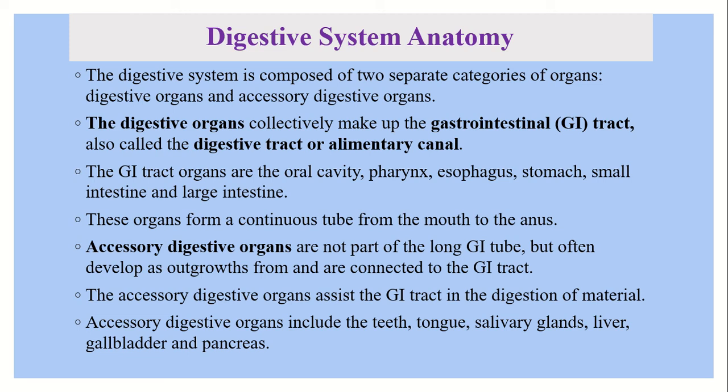But there are the accessory digestive organs, that are not part of the long GI tube, but often developed as outgrowths from and are connected to the GI tract. These organs assist the GI tract in the digestion of materials. The accessory digestive organs include the teeth, tongue, salivary glands, liver, gallbladder, and pancreas.